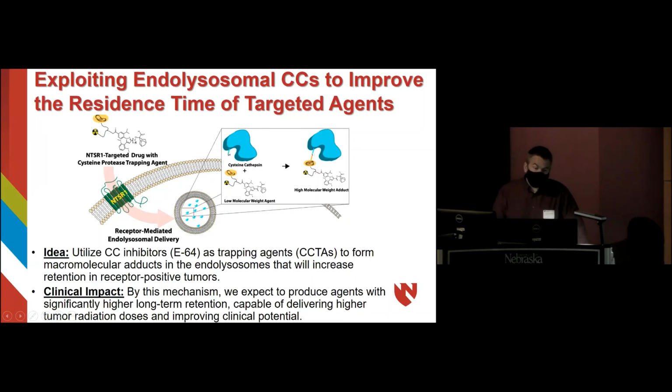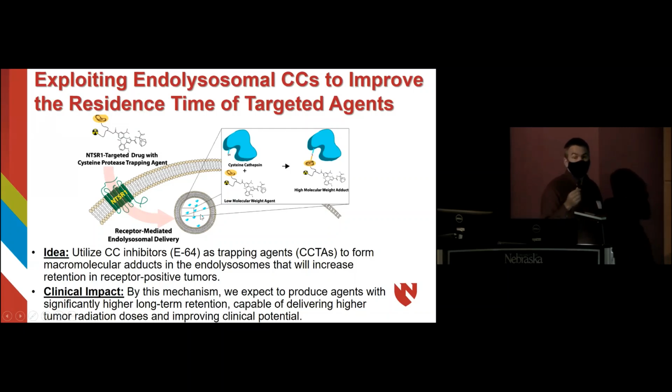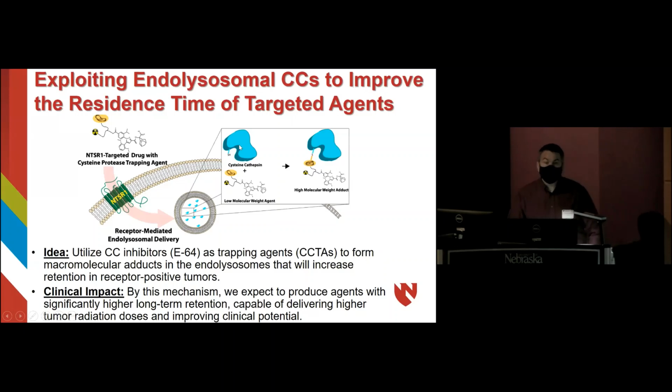So the NTSR1 targeted drug would be able to bind to the receptor and then be escorted into the lysosomal compartments, right? And those compartments, as I mentioned, have high concentrations of cysteine cathepsins. So you will be able to efficiently form a bond between the inhibitor, or the E64, or the trapping agent, whatever you want to consider it, and the cysteine cathepsin. And then by doing that, you will form what we call a high molecular weight adduct.